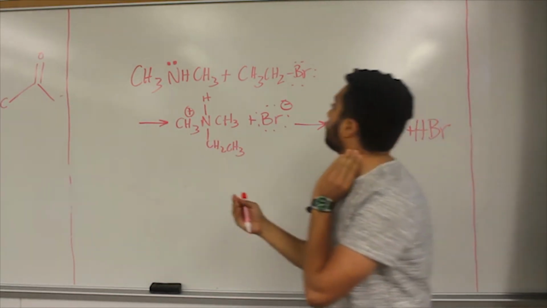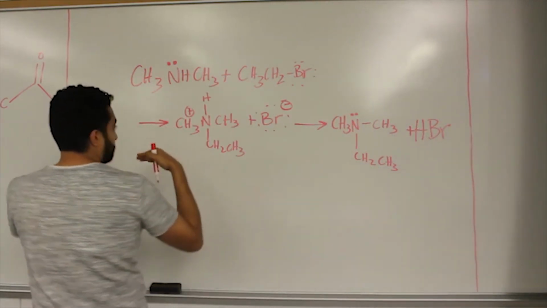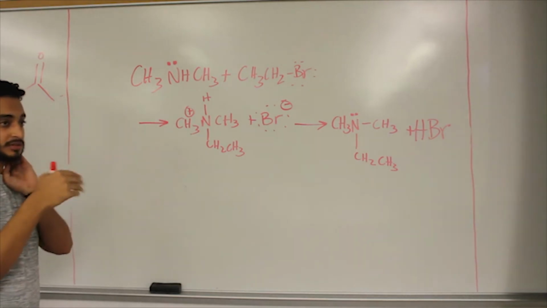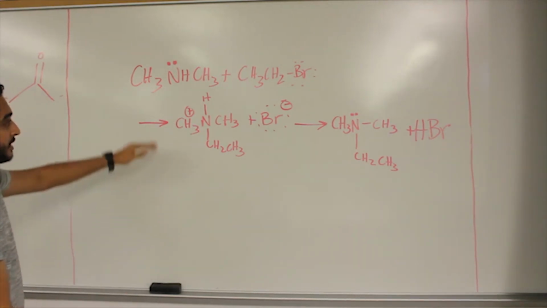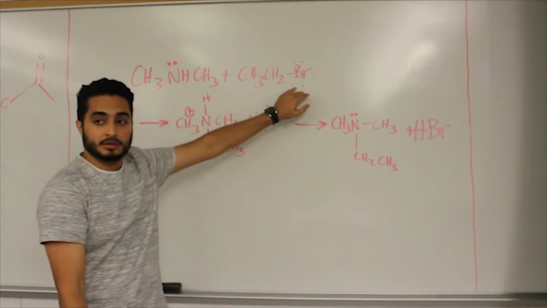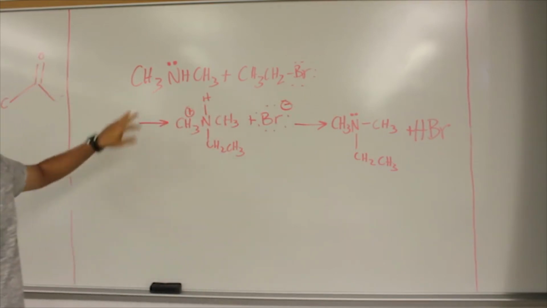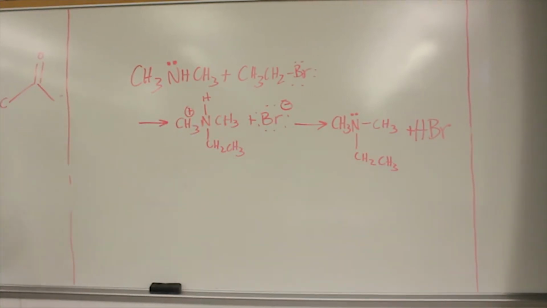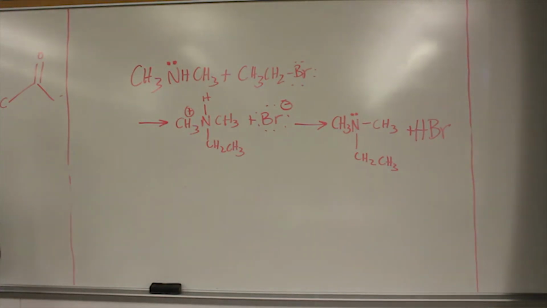So somehow there's going to be some bond pushing and electrons causing that bond pushing to make this bromine go away. So given these lone pairs on the nitrogen, what would you guess happened for that bromine to go away from that CH3CH2 group?